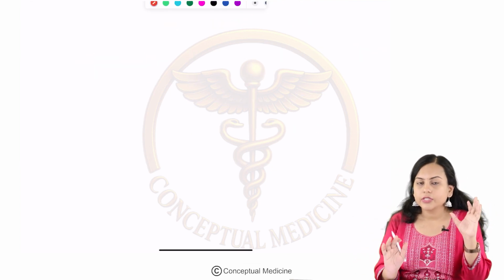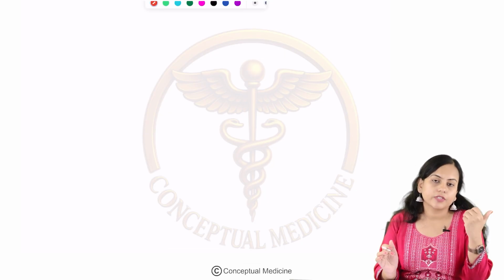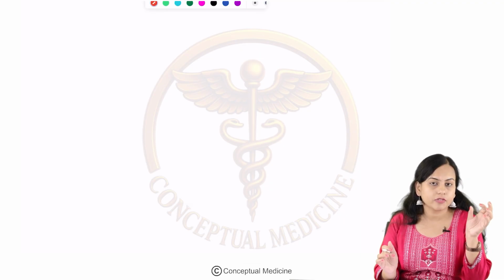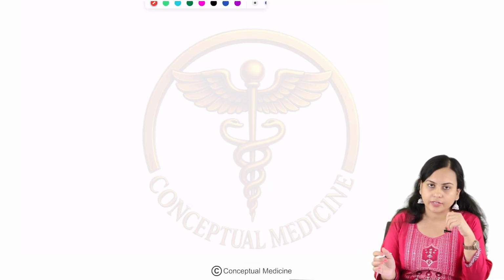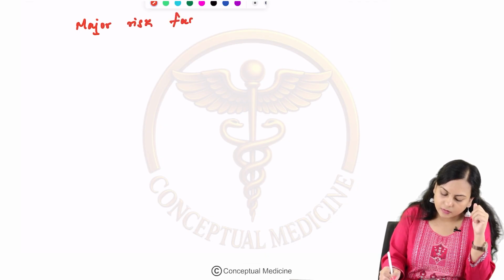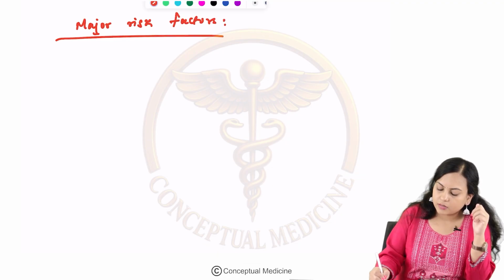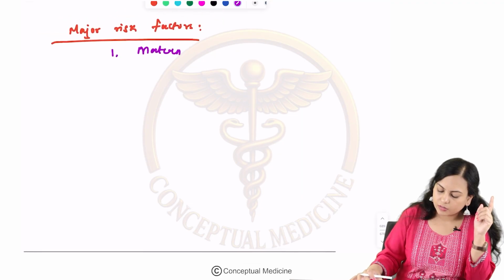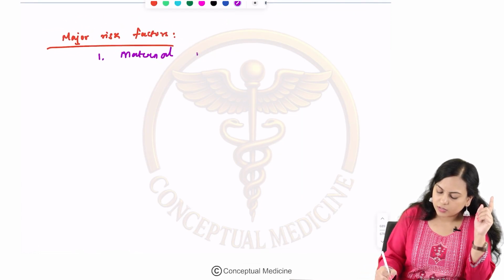Now, the risk factors that lead to fetal growth restriction can be classified into two types. One set is major risk factors, another set is minor risk factors. If we see the major risk factors, these include maternal age more than 40 years.